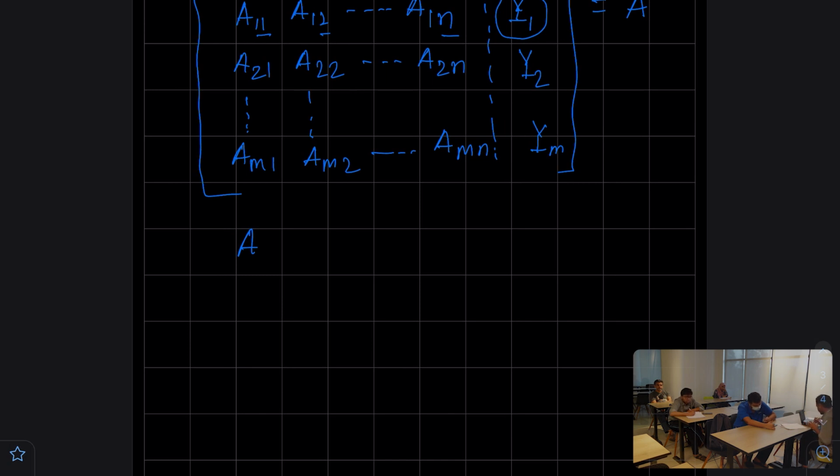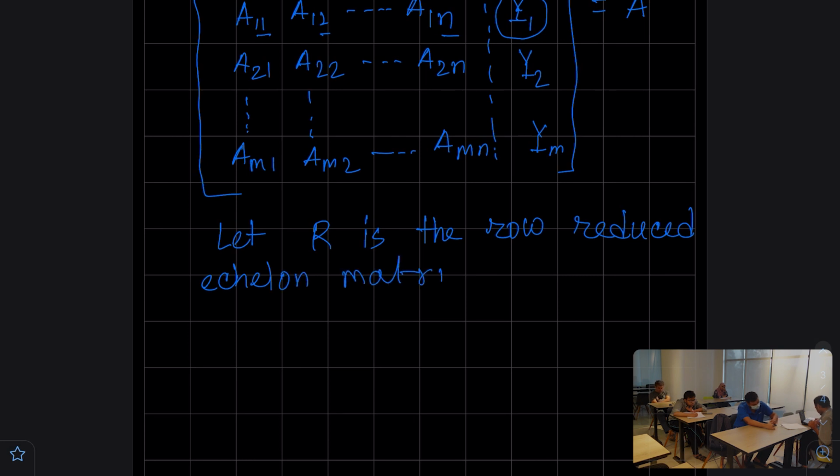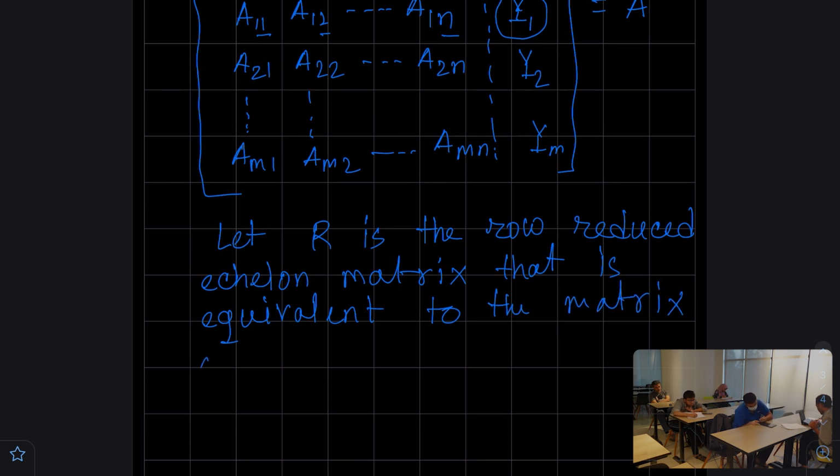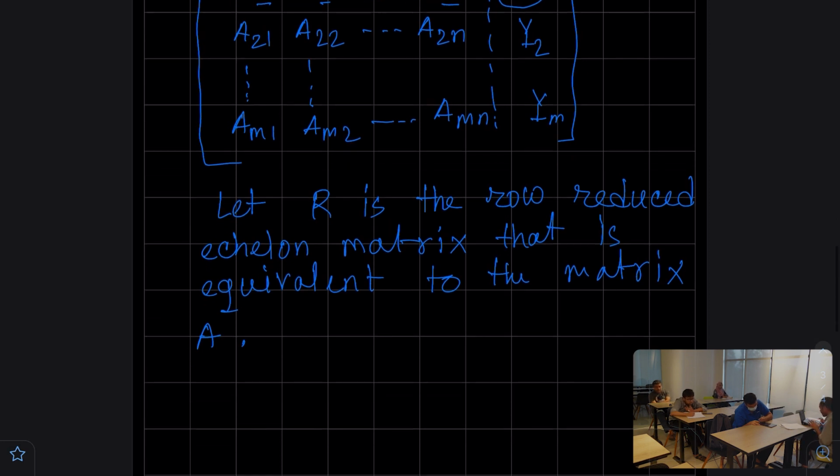And let R be the row reduced echelon matrix that is equivalent to the matrix A. Okay, so that means I can apply a sequence of elementary row operations (EROs) on A, then I will find the matrix R, right?